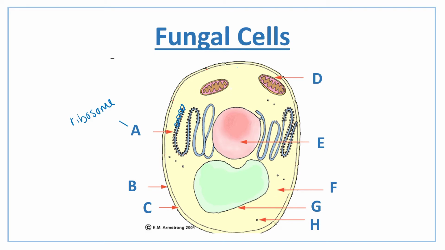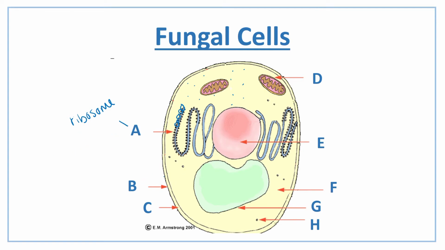You don't need to know what the stringy things are called, so don't worry about them. I'm only telling you this so that if you see a diagram of a cell and they're asking you what this organelle is, they'll be pointing to the little dots, the little bumps on the lines, and that would be your ribosomes, which again are the site of protein synthesis.